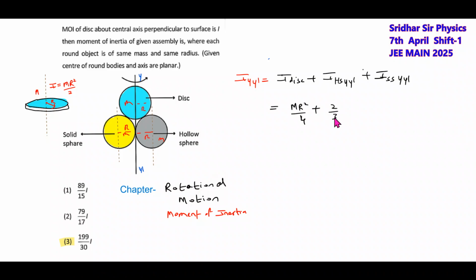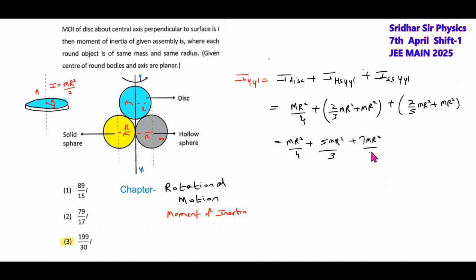Of the hollow sphere, it will be 2 by 3 mr square plus mr square. That of the solid sphere will be 2 by 5 mr square plus mr square. So mr square by 4, plus 5 mr square by 3, plus 7 mr square by 5. This will be the moment of inertia about axis y dash.